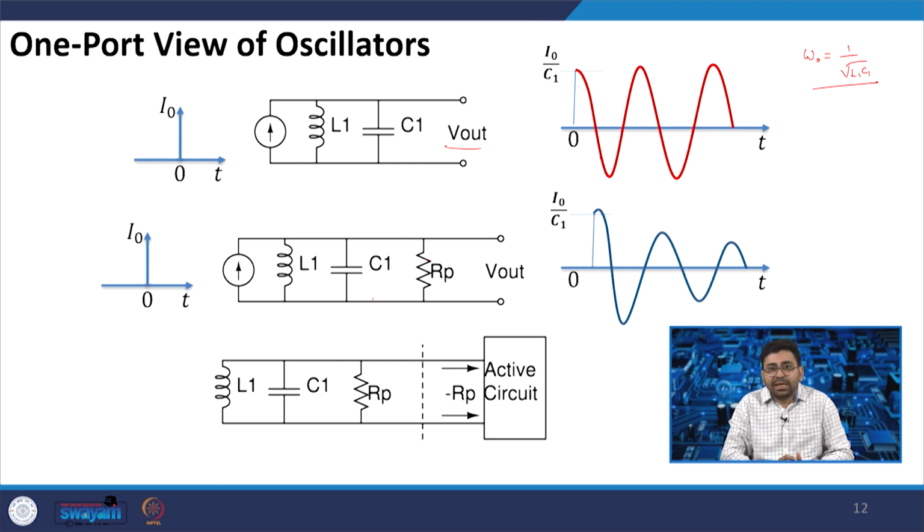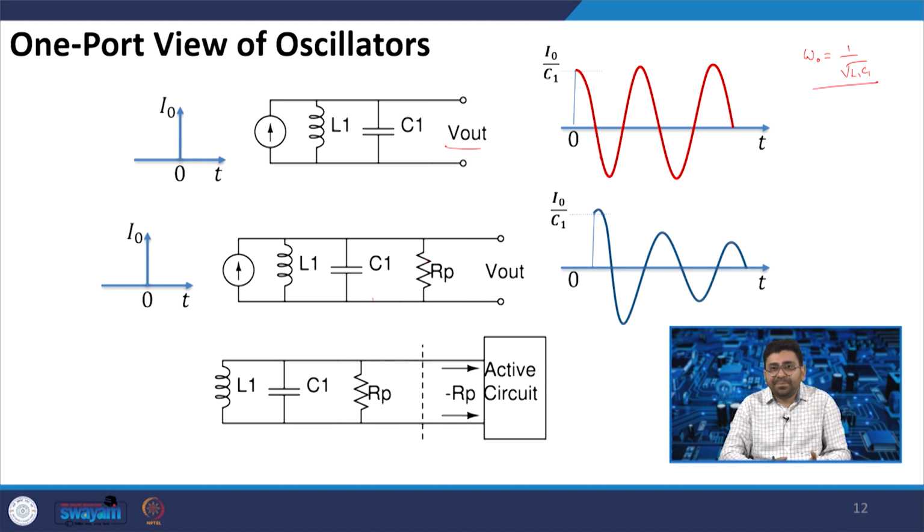Because of this resistor, when the current pulse is applied it will start charging and discharging, but Rp dissipates whatever is charged and discharged, and it decays the oscillation. So, how can we sustain the oscillation despite this decay?